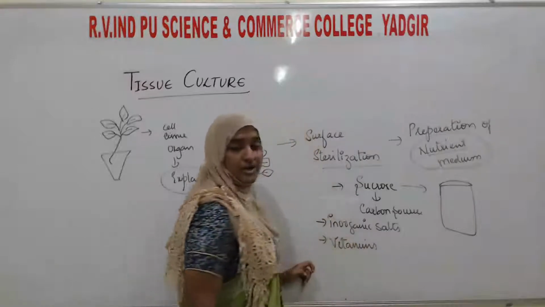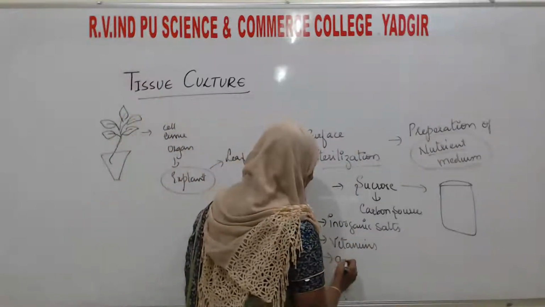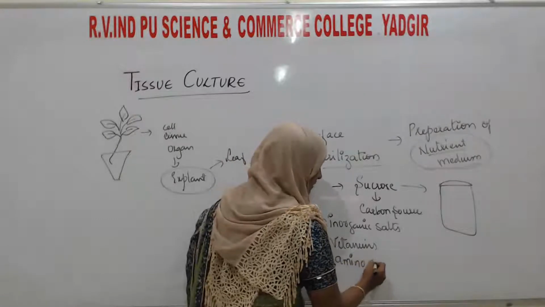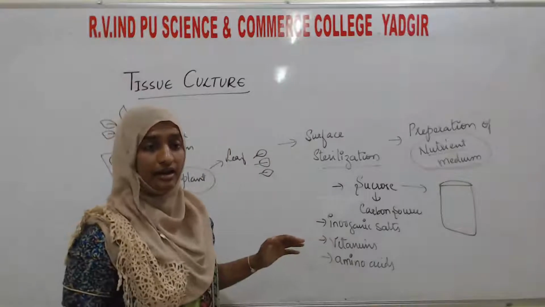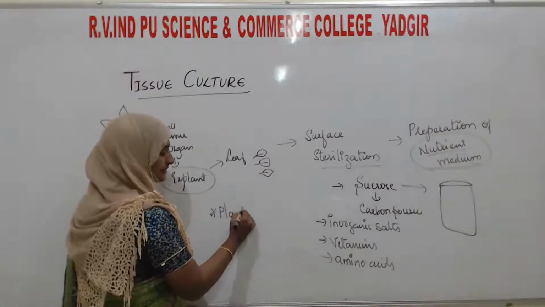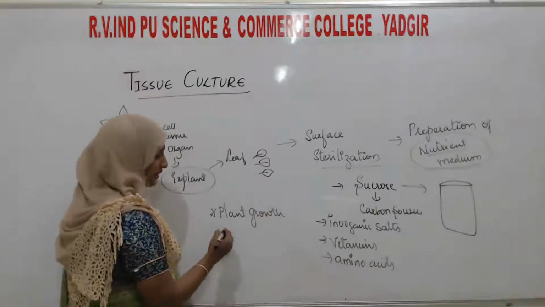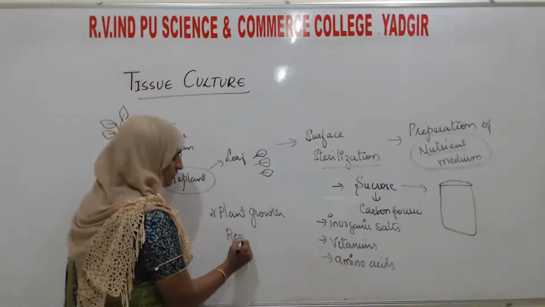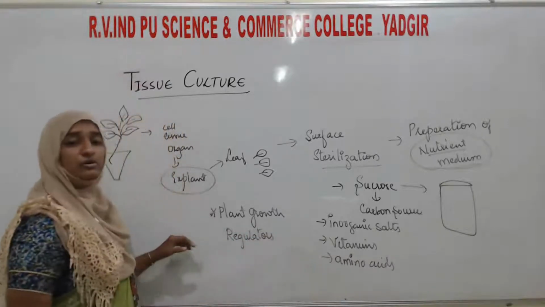and a very important point. After vitamins, they are also going to add the amino acids. A very important point: they are going to add some plant growth regulators. What are the plant growth regulators?